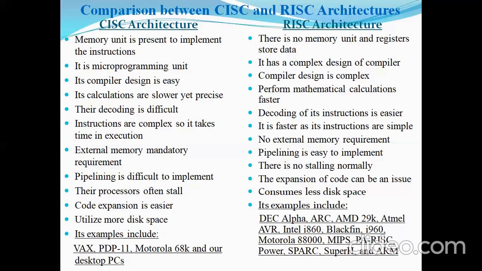In the CISC architecture, the processors are often stalled, whereas in the RISC architectures, there is normally no stalling of processors.